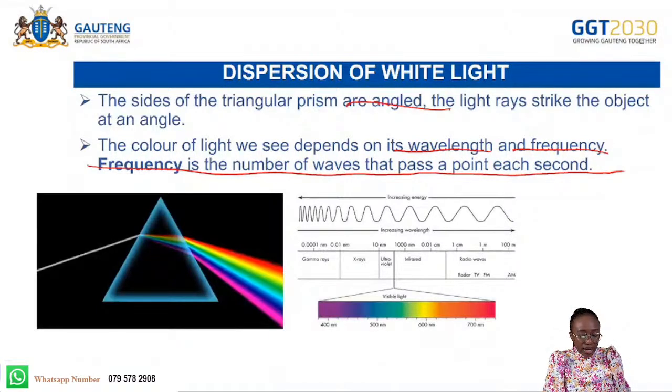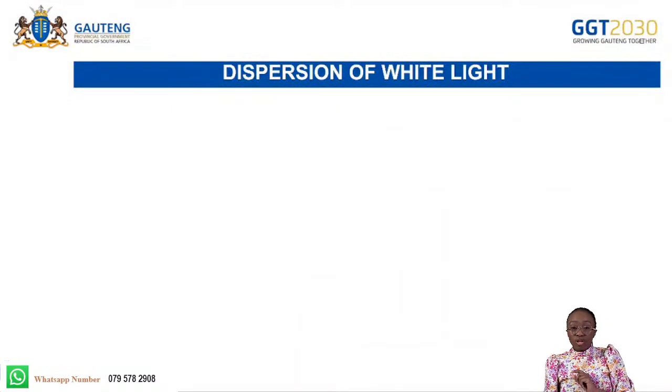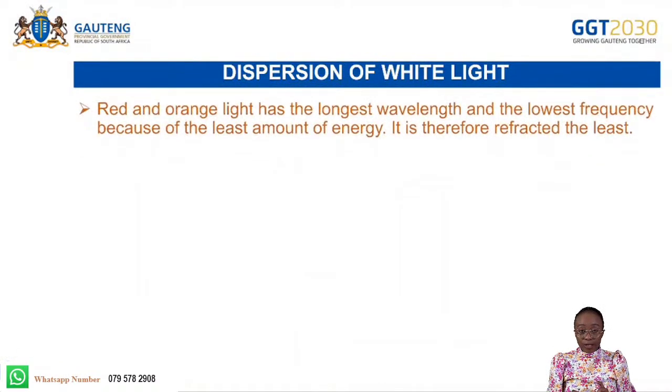So when the white light bends, they split, or there is the dispersion of the white light, and it splits into the 7 colors. They bend according to their wavelength and their frequency.